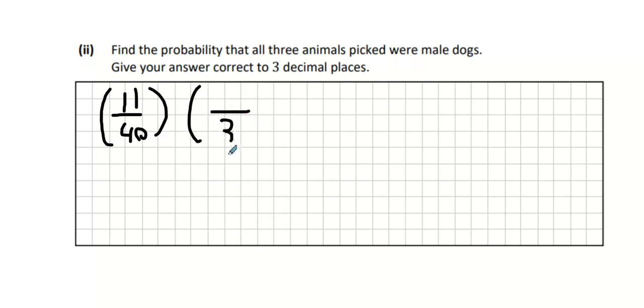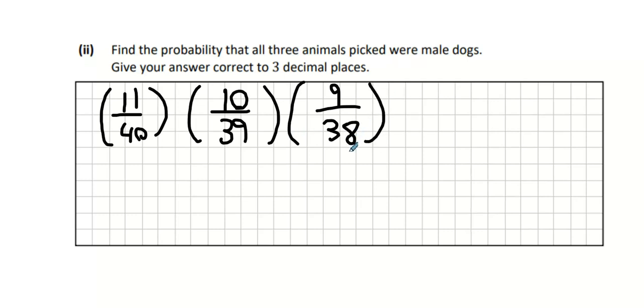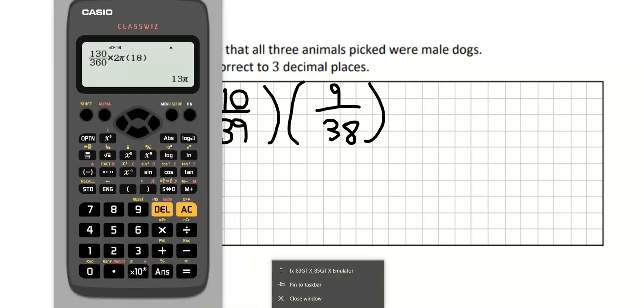And if we picked a male dog on the first go, how many male dogs are left? 10. And if we picked another male dog out, how many are left then? We're going to have to multiply all that and find out what the answer is in decimals.